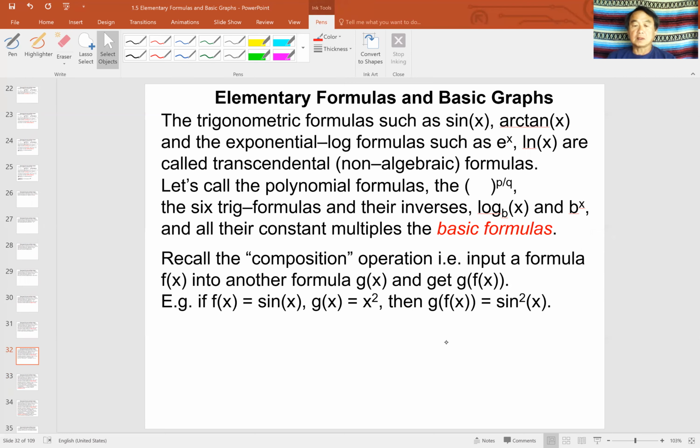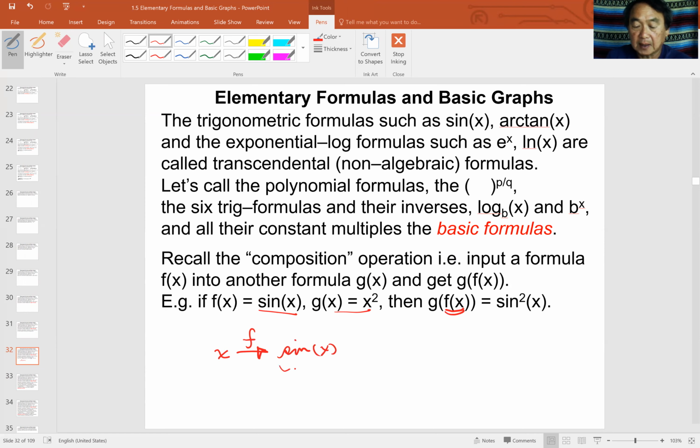For instance, if f of x is sine of x, and g of x is squaring, then if I feed my x into f first, that's what's inside first, f of x, I will wind up with sine of x. But I'm not done yet. I'm going to immediately take this output and treat it as input. I'm going to feed it into the formula g. G, of course, will square everything.